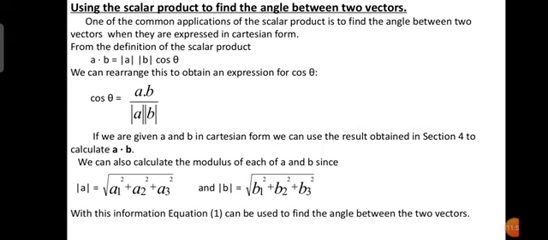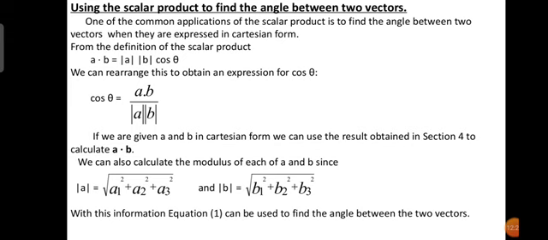That means if we are given A and B in the Cartesian form, the result is calculated as A dot B, and we can also calculate the modulus of A and B. What is modulus of A and modulus of B? It is in the xyz plane. So modulus of A is root of x1 square plus x2 square if it is in the xy plane.